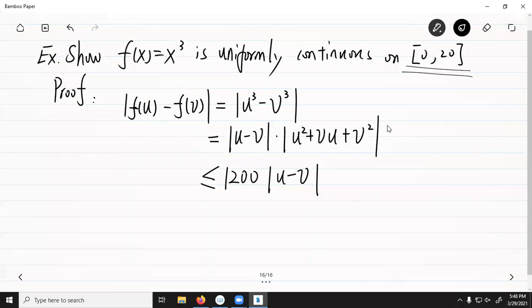So for any epsilon greater than 0, there exists a delta, and 1,200 delta should be less than epsilon. So this delta we should take to be epsilon over 1,200.